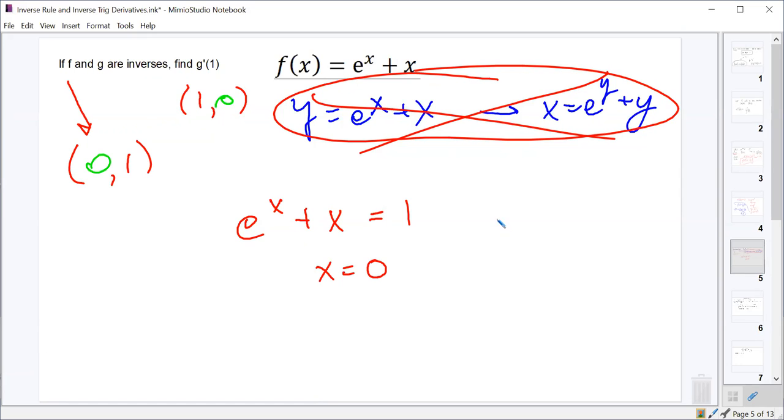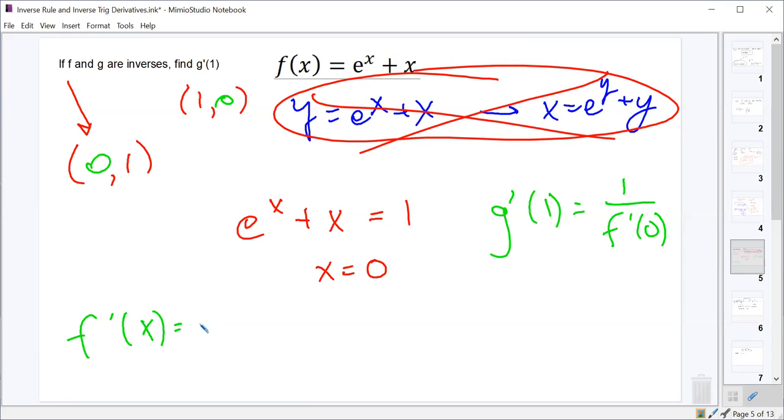And so g prime of 1 ought to equal 1 over f prime of 0. Everybody good with that? All right, and what is f prime of x? What's the derivative of e to the x plus x? E to the x plus 1. And if we evaluate that at x equals 0, what do we get? 2.